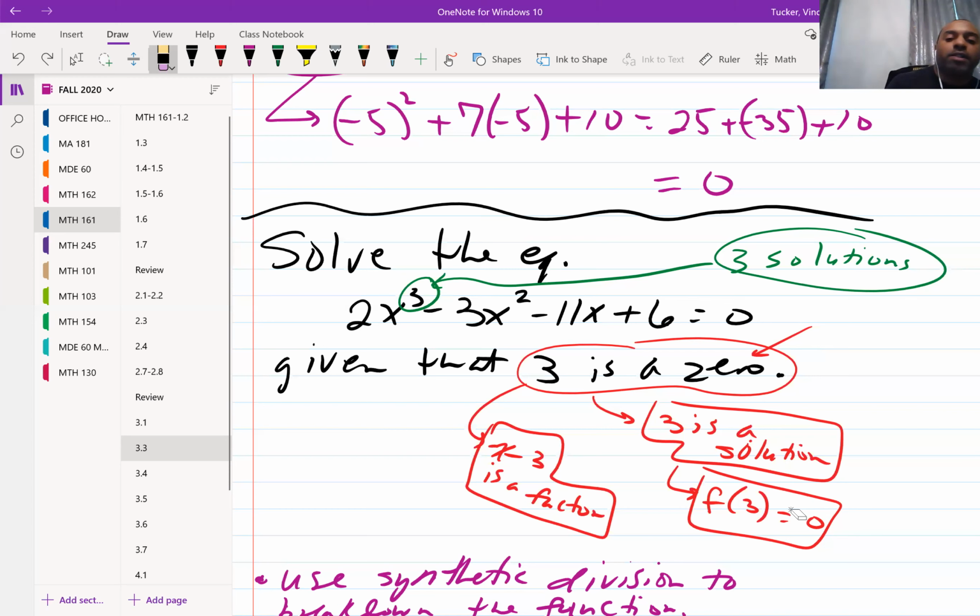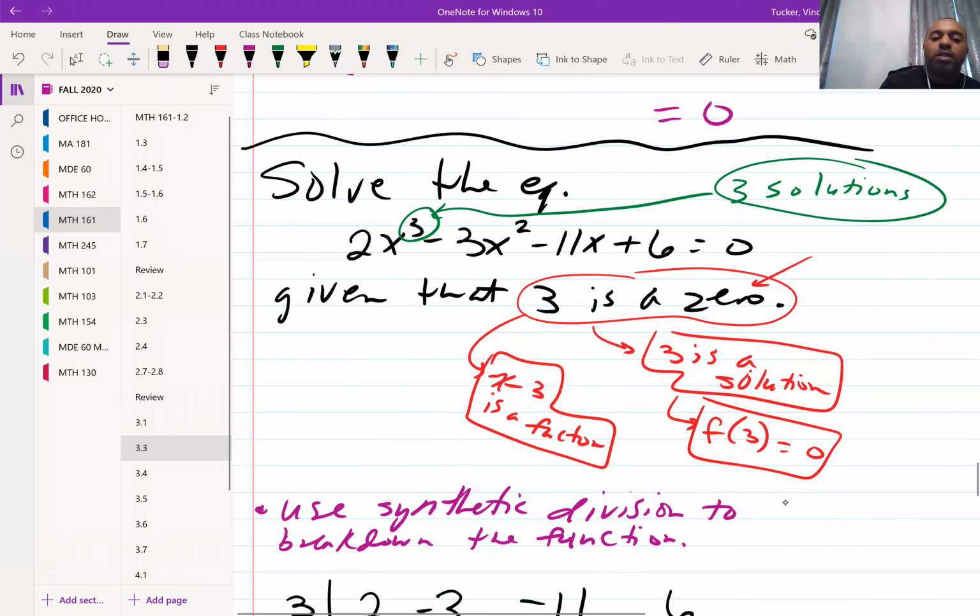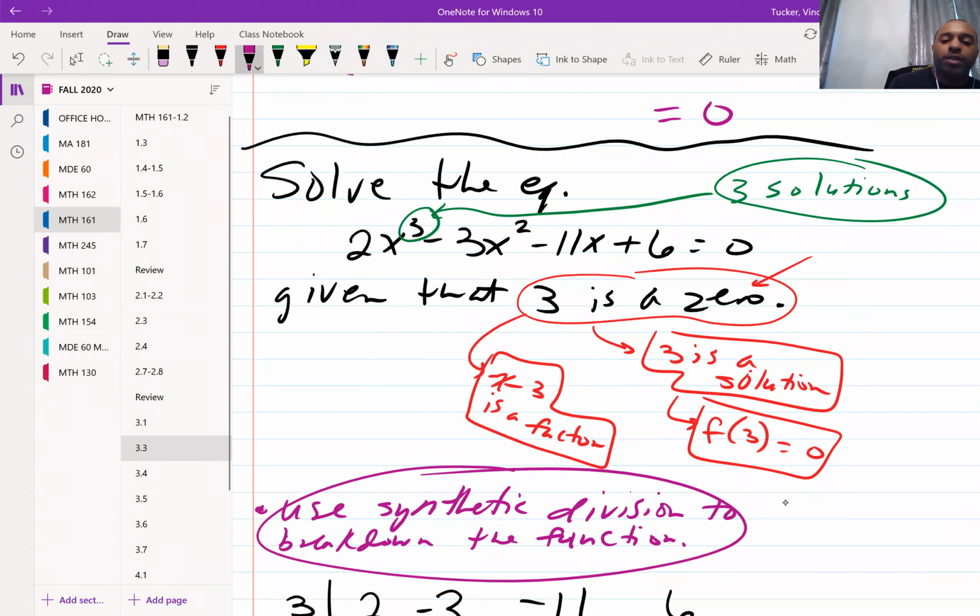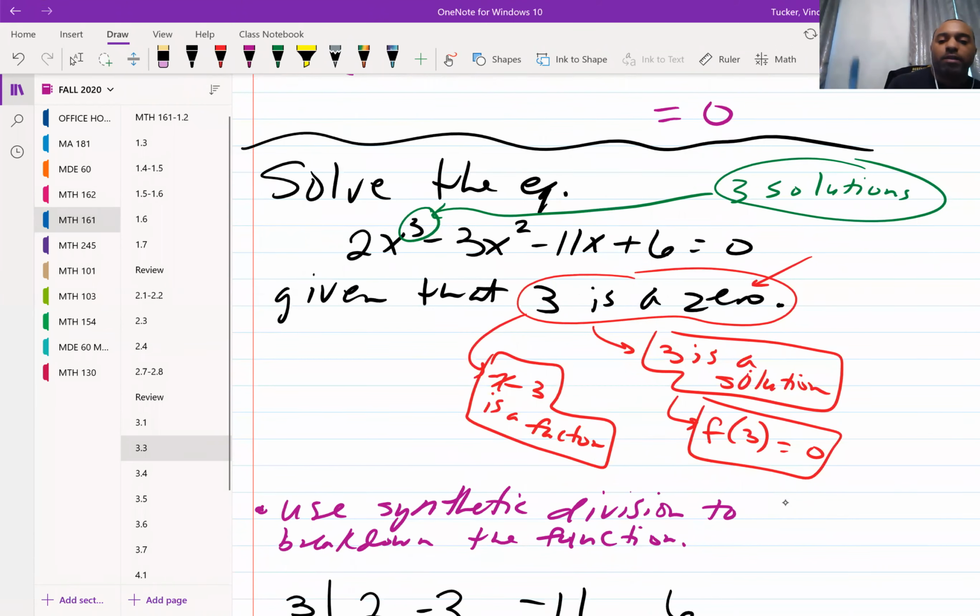And x minus 3 is a factor. And also when I plug 3 into my function, I get 0 out. So first thing we're going to do is use synthetic division to break down the function because we have one of the solutions, which is 3.